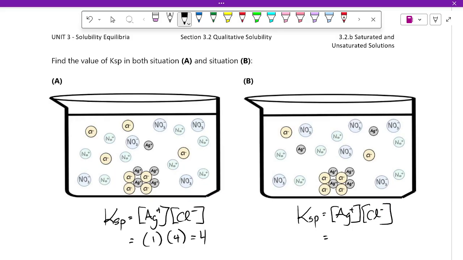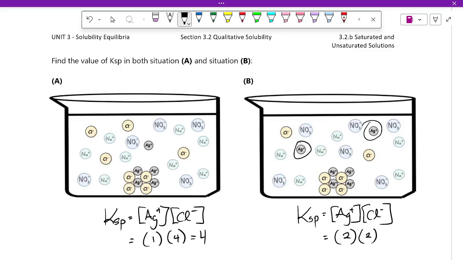Is what he's saying making sense? Yeah? Okay. Now, here we had 2 silvers and we had 2 chlorides. Remember, that's just because I happened to put in exactly the right amount of each. How likely is it that I'll be able to get those amounts exactly the same? Not very likely.